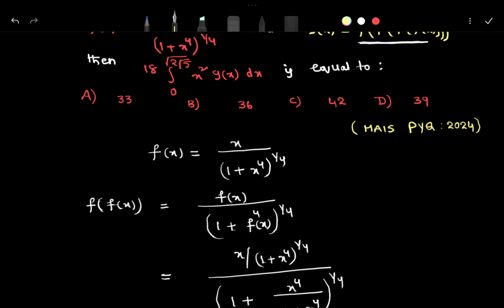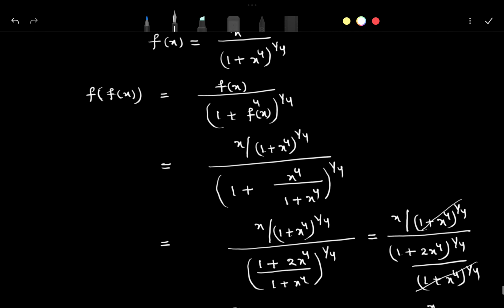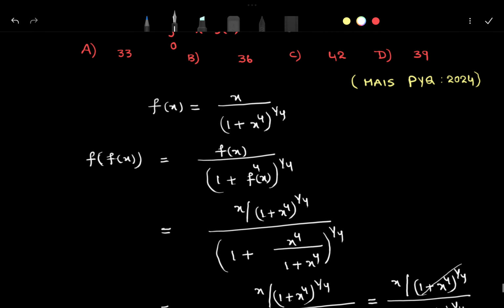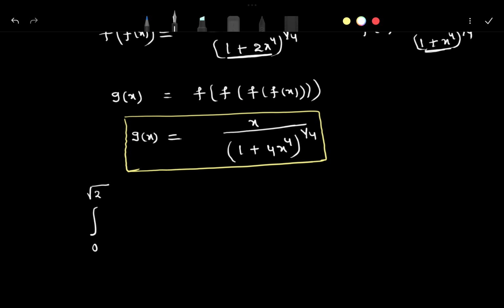See, first of all you write the integration from 0 to square root of 2 into root 5 of x square into g of x.